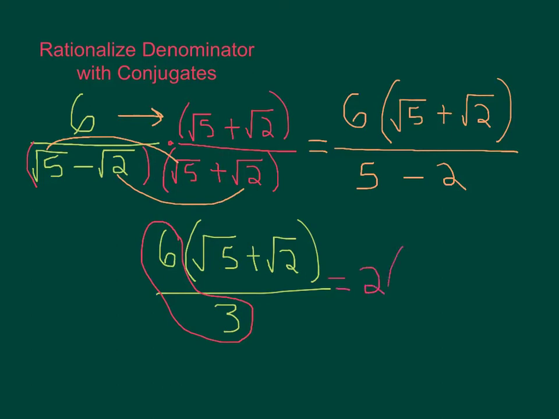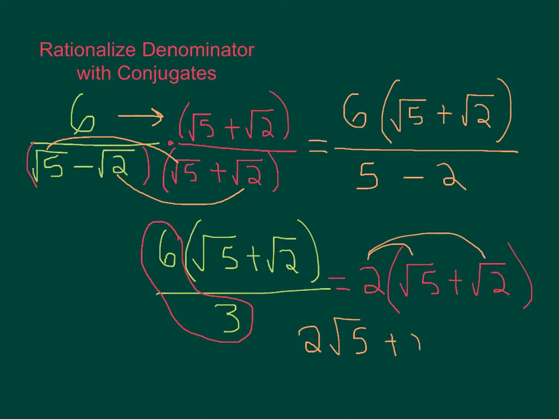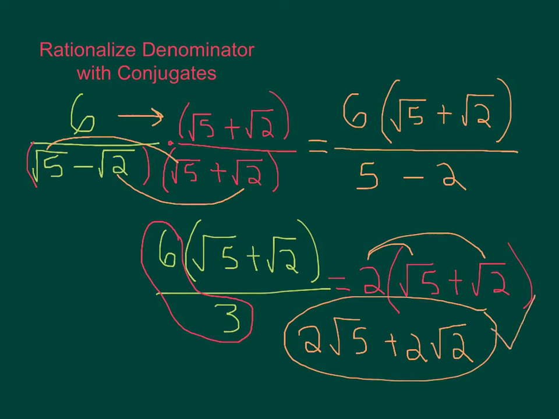So now I have 2, the square root of 5 plus the square root of 2, and I will distribute at the end. So now you can multiply both of them by 2, which is simply 2 square root of 5 plus 2 square root of 2. So I took my original problem, got the radicals out of the denominator by rationalizing it, by multiplying by its conjugate, and I'm left with that.